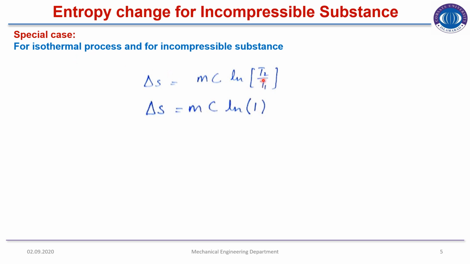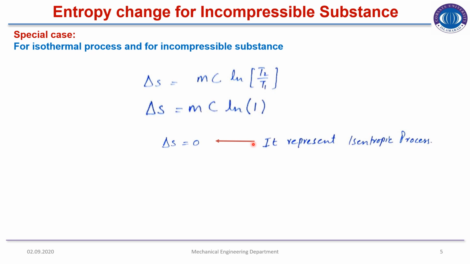Therefore T2 is equal to T1 and T2 over T1 is equal to 1. And natural log 1 comes out to be 0. Therefore change of entropy is equal to 0. So change of entropy equal to 0 represents an isentropic process.